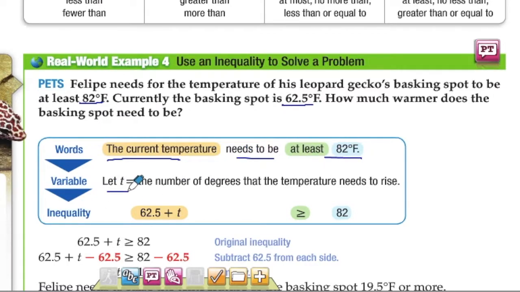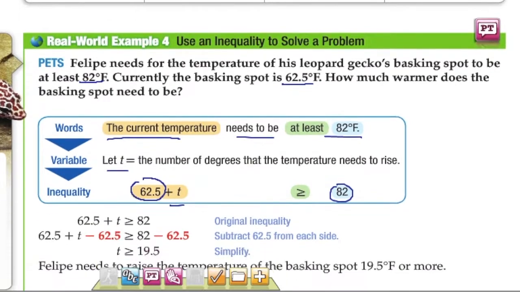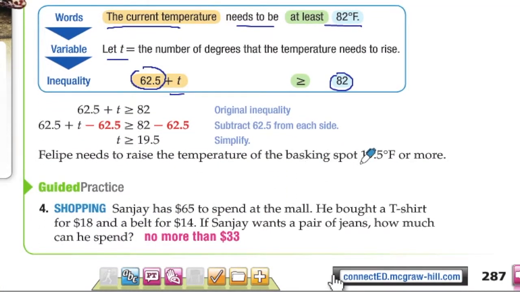And if we have T as the temperature, and we add what the current temperature is, we want that to be at least 82 degrees. And then we're going to isolate the variable T by subtracting 62.5 from both sides. And then we find out that that spot needs to be at least 19.5 degrees Fahrenheit or more.